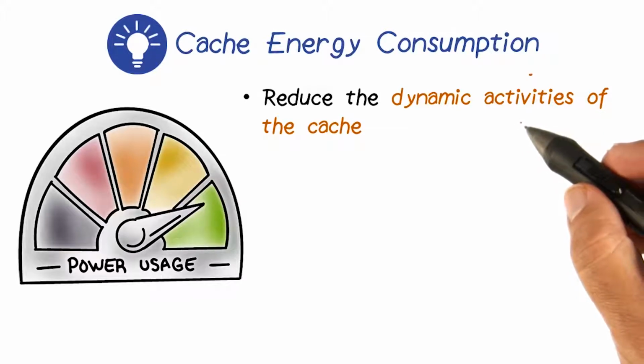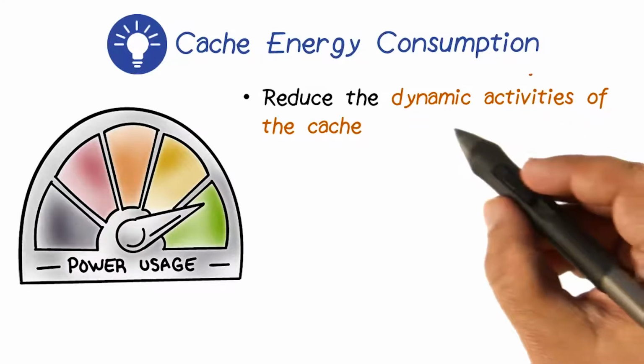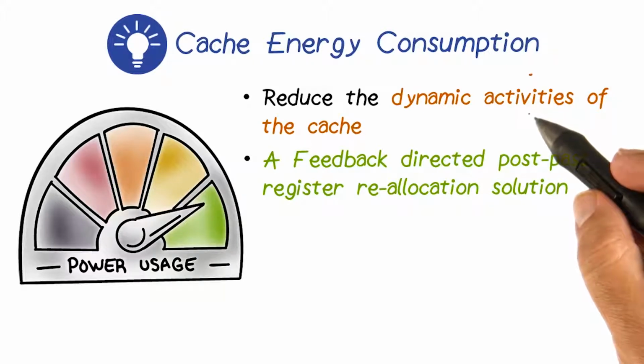Whenever these load stores are going to the cache, there's a lot of dynamic activity which happens in the cache, and that's a source of a lot of energy consumption. What kind of dynamic activity occurs here? The dynamic activity could involve lookups, matching of tags, locating the data, and actually transferring the data as well. And all these activities increase the memory energy, and it's a good idea to reduce this dynamic activity.